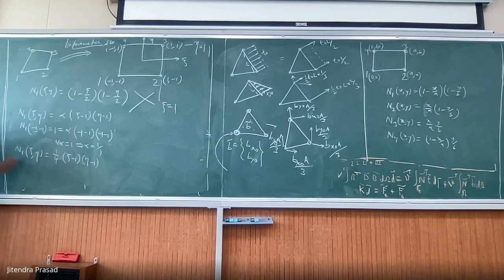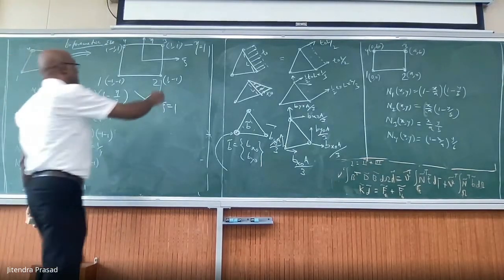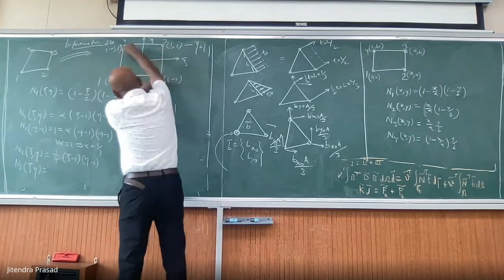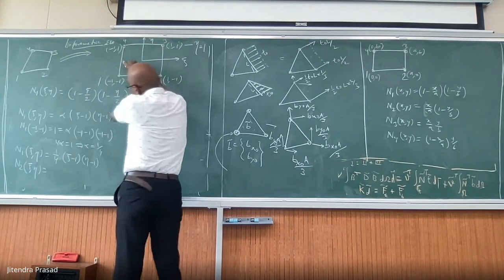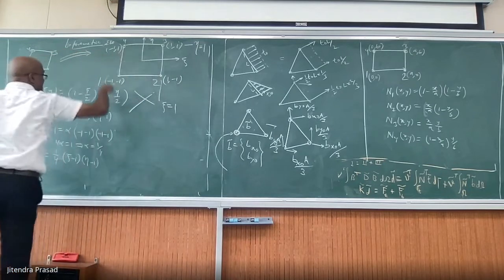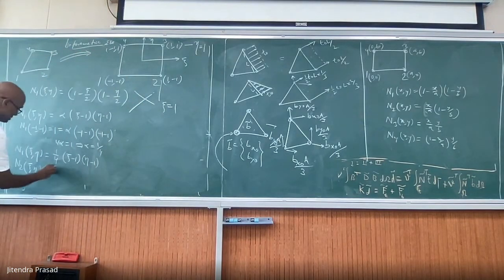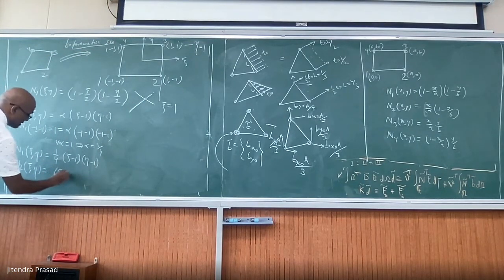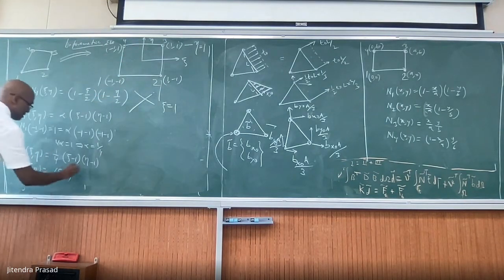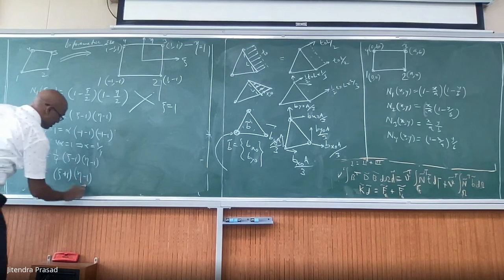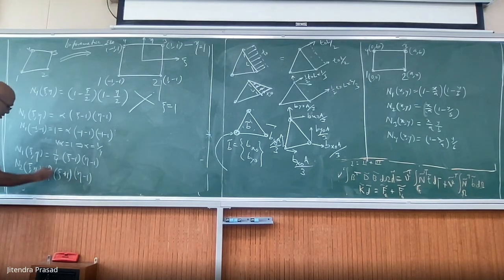So similarly, N2(xi, eta) is equal to, what do you have? We have this equation and that equation. What is this one? This will be (xi plus 1), and that remains (eta minus 1), times beta.